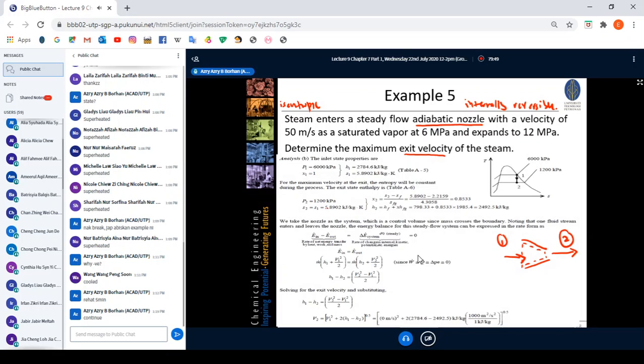At the same time, because it is working under isentropic conditions, S1 equals S2. From the steam table, because you are using steam, you check the S2 value against SF and SG at 1200 kilopascal. So in between, that means it involves a mixture. For a mixture, you have to determine the average H.